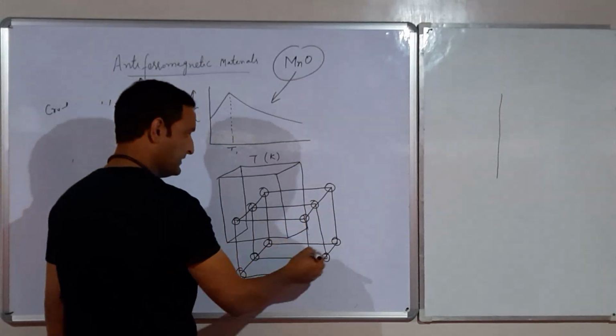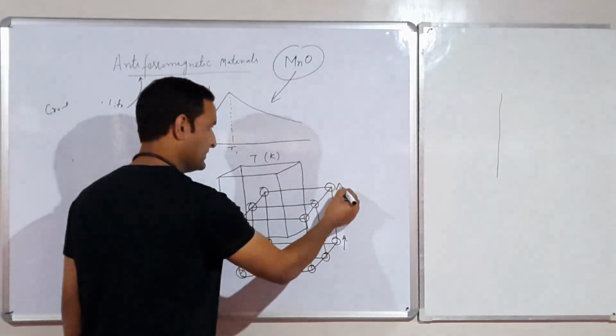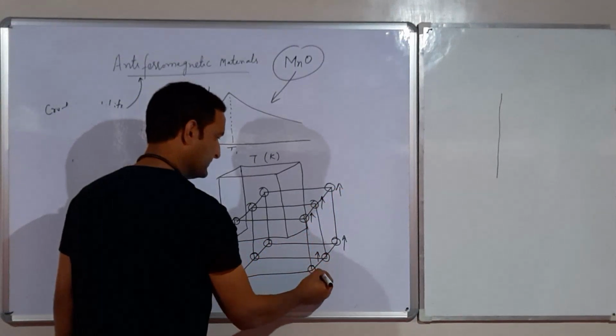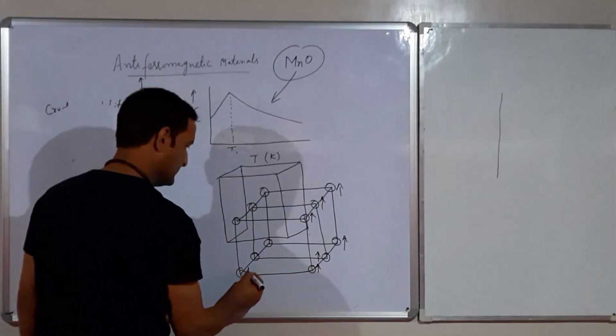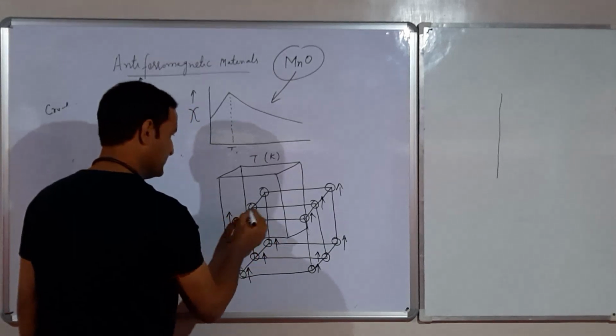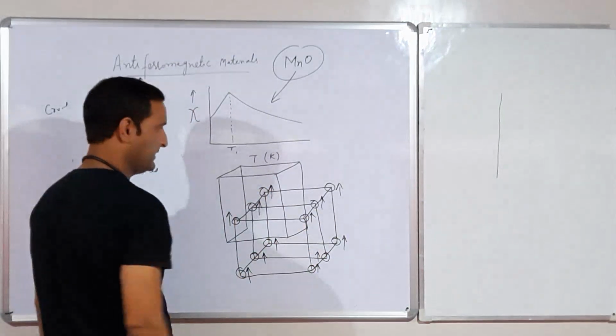In the first lattice, the magnetic moments are in the upward direction. This is the net magnetic moment of the respective atoms.